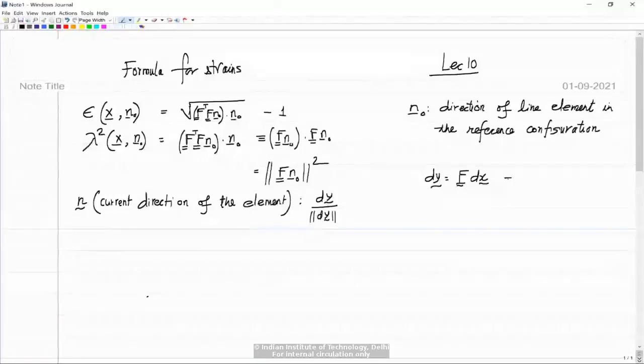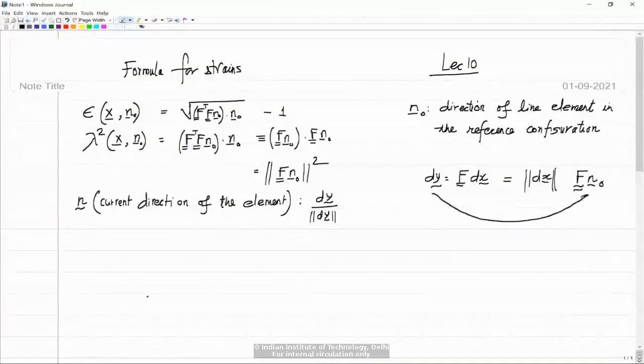You see, this F dx is also equal to mod of dx into big F n naught. Can you see that? Because dx itself is n naught times mod of dx, right? And mod of dx being a scalar, I just took it out. Like I told you, I can take this scalar out.